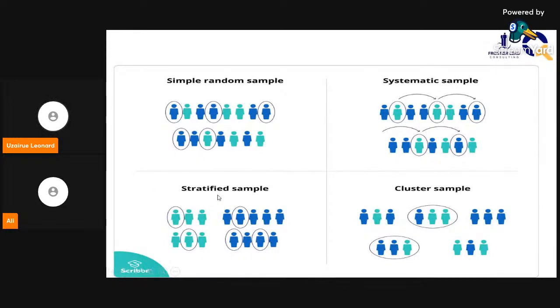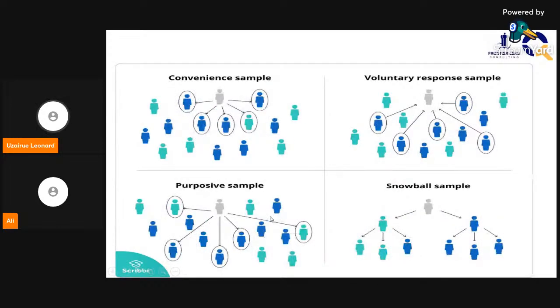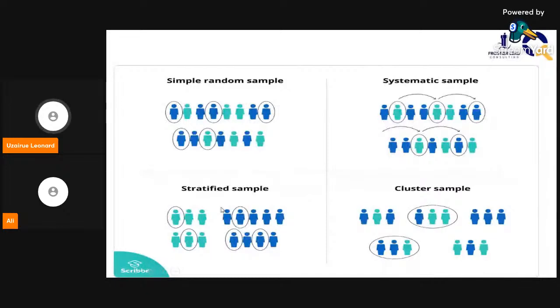So this is stratified, based on the color. Here it takes the first one, then it moves down to this one and takes the middle one. Then when it comes to the blue, it takes the second one, then it leaves three, then it moves here and takes the next one.